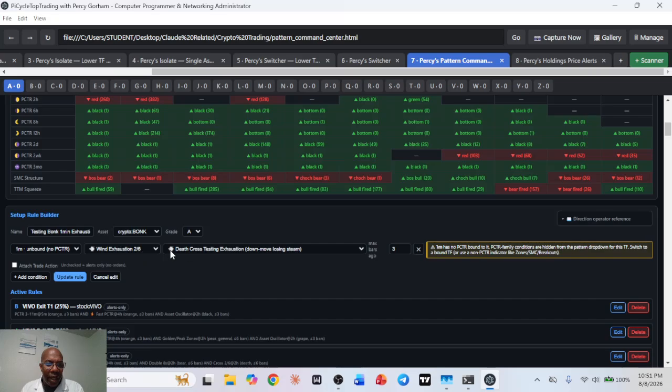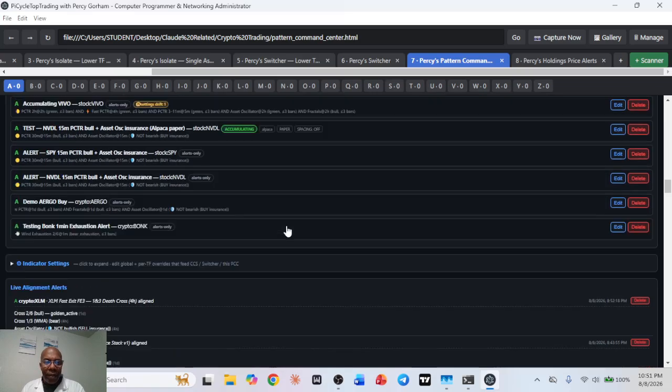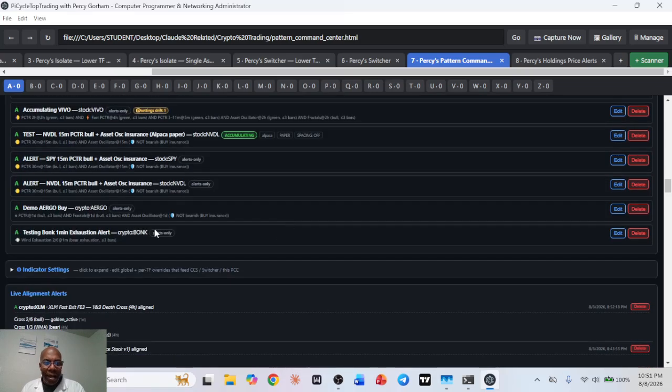And whenever we're death cross testing exhaustion, which means we're moving down, but we start moving up through the 2 and the 6 death cross, right? And let's just update the rule. Now, that is the last rule we made. And you can see that right here, right? It's an alert only. We didn't add paper action to it.